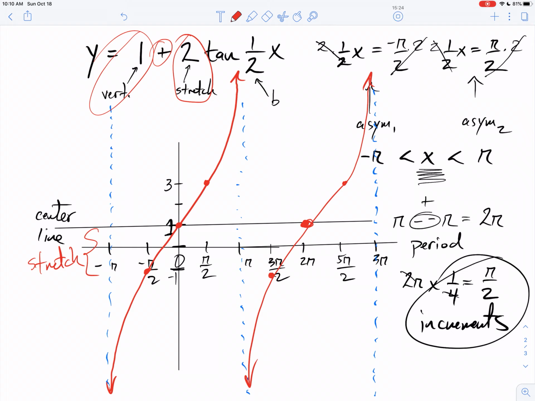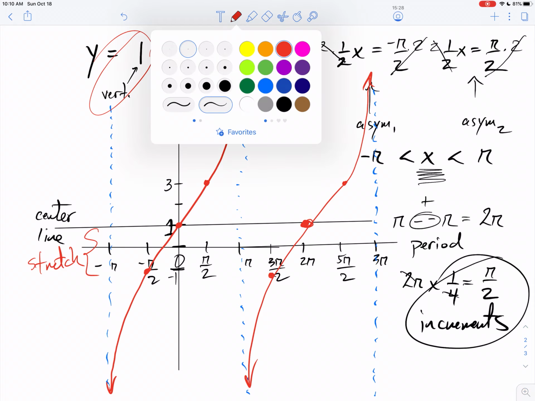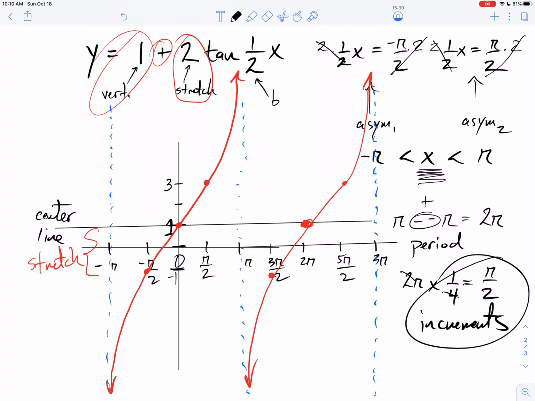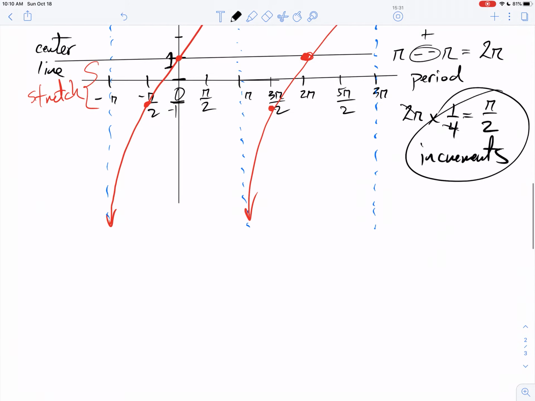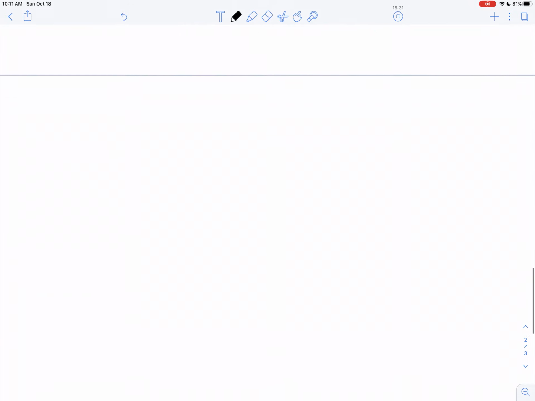Alrighty, let's take a look at cotangent, because cotangent is actually a little bit easier than tangent. Let's talk about it. You got the idea. I'm going to shift this cotangent up.